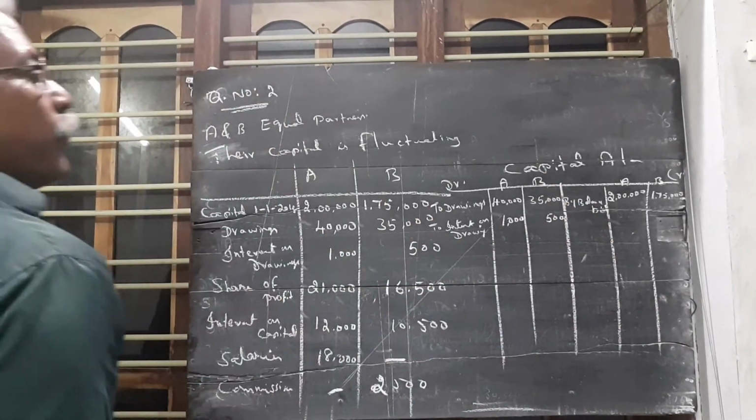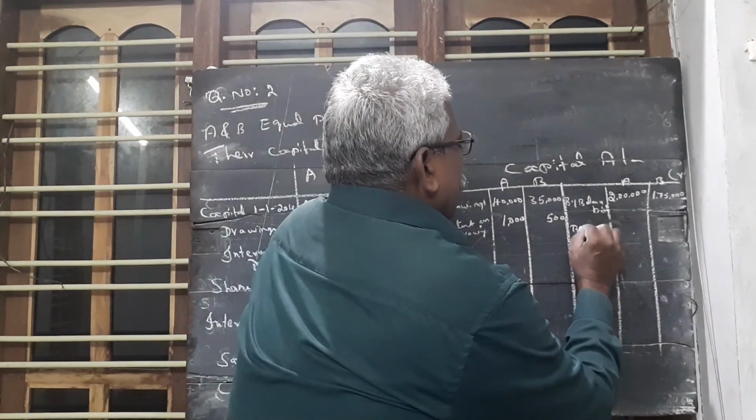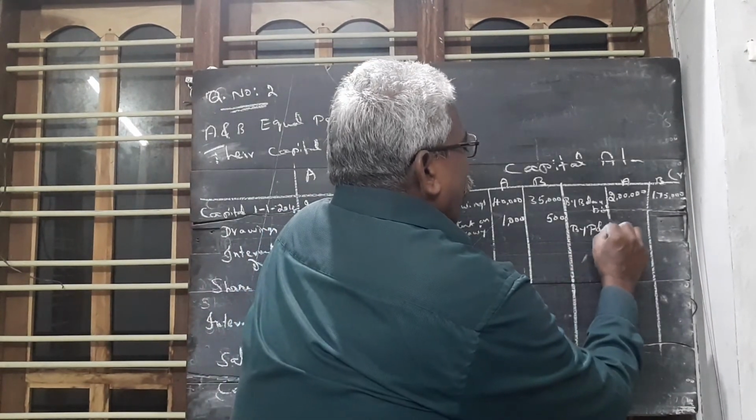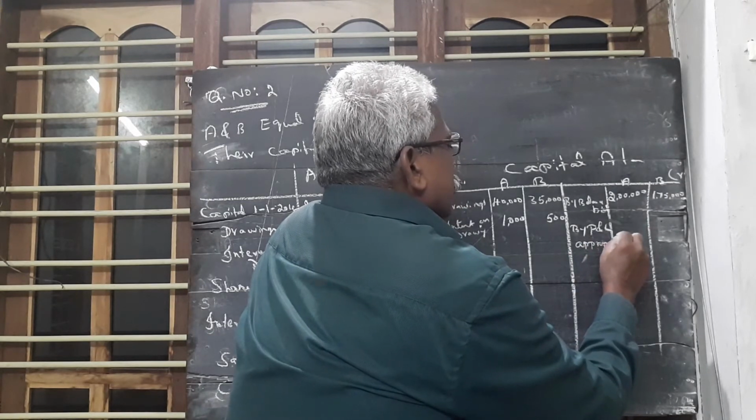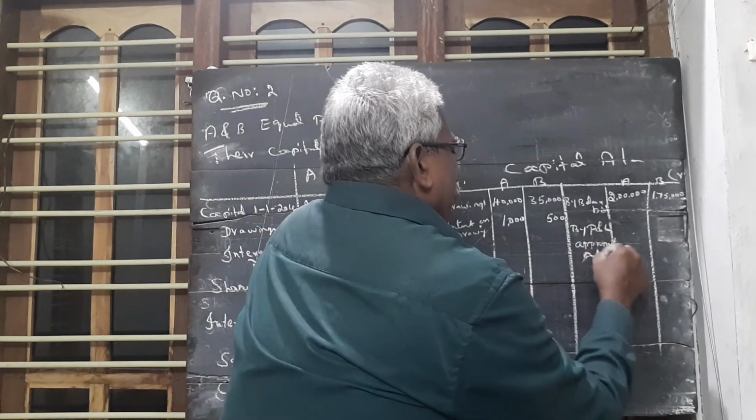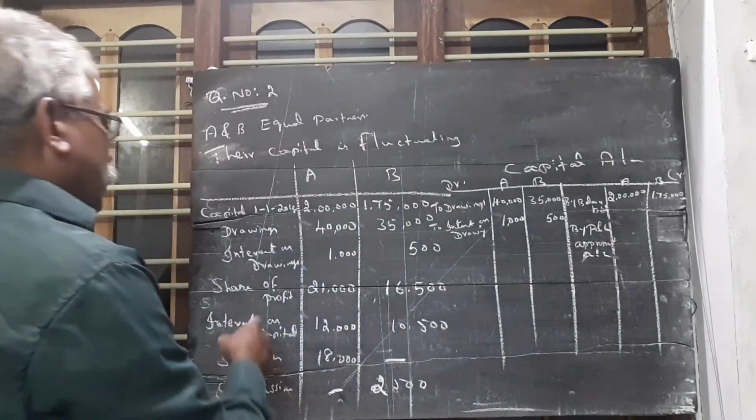By share of profit is entered as per the profit and loss appropriation account.